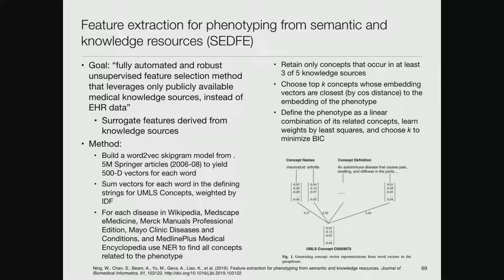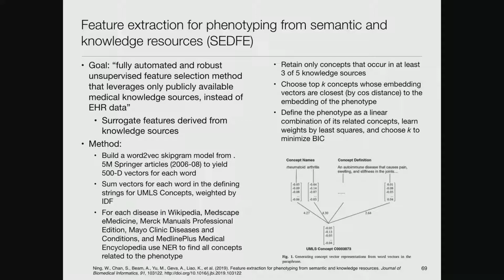Okay, so then they said, well, there's a lot of randomness in these sources and maybe in our extraction techniques, but if we insist that some concept appear in at least 3 of these 5 sources, then we can be pretty confident that it's a relevant concept. And so they said, okay, we'll do that.